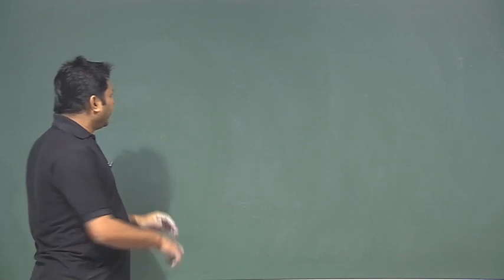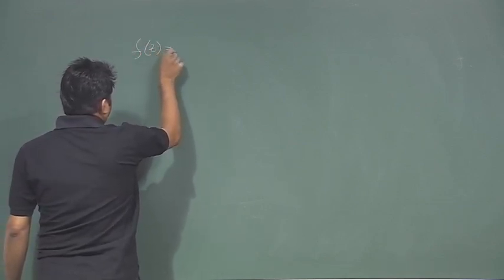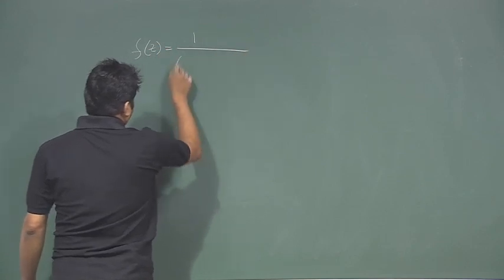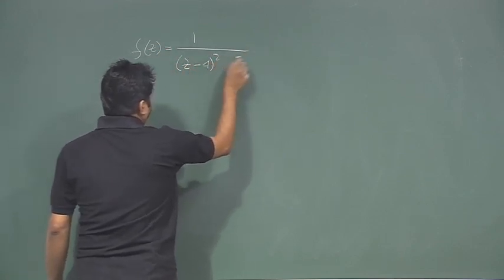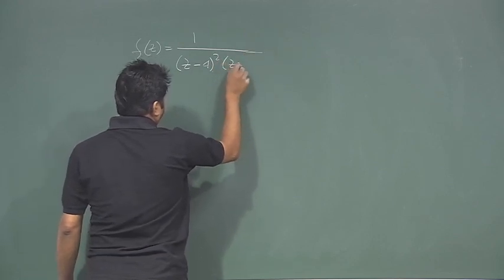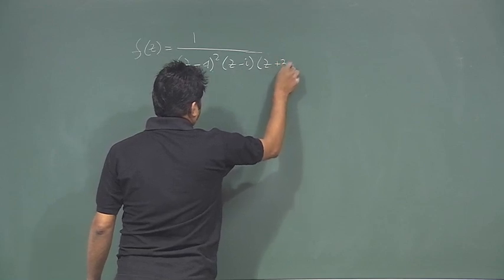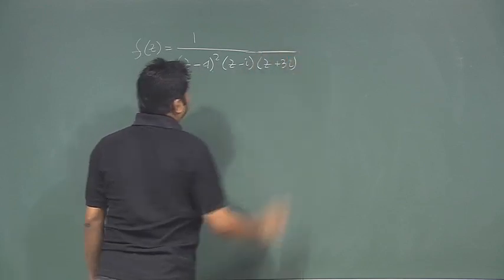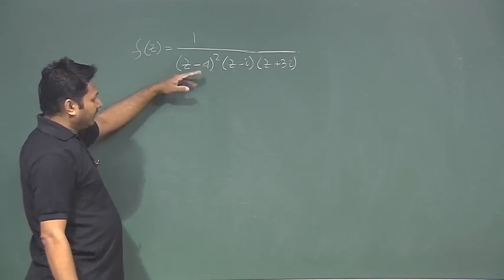Now again let me put some function. I can write this function in this way. So, how many singularities are there according to our knowledge?